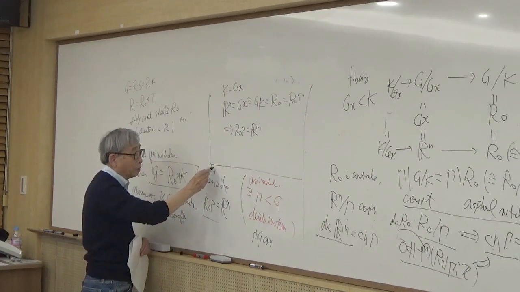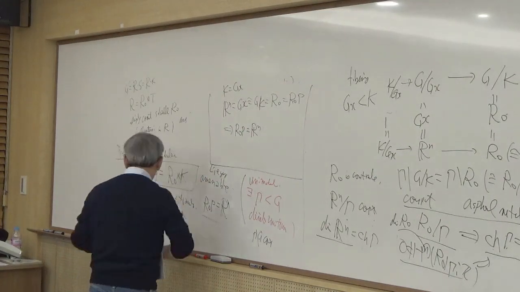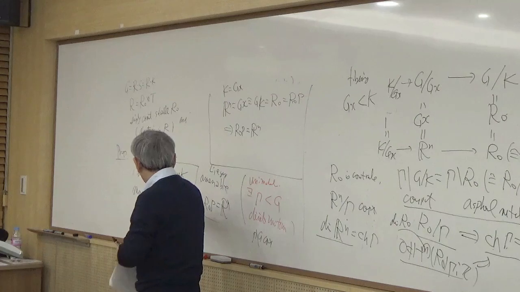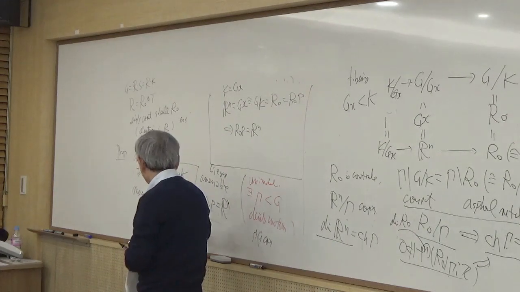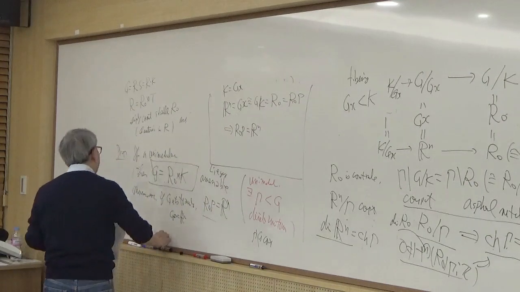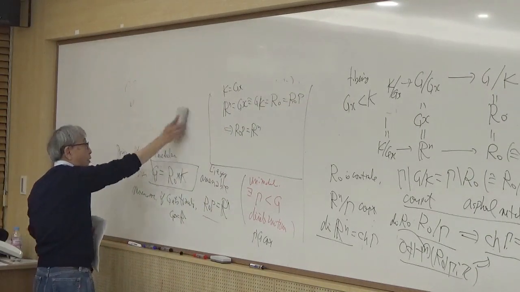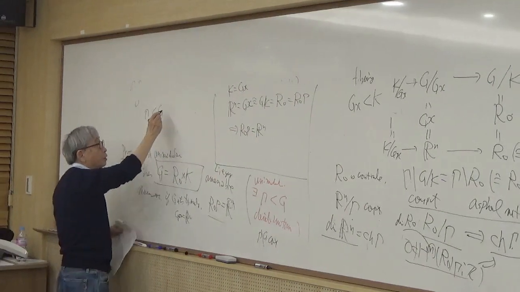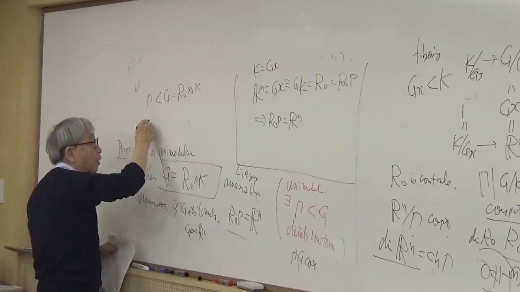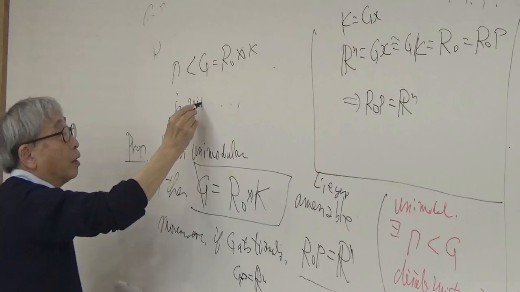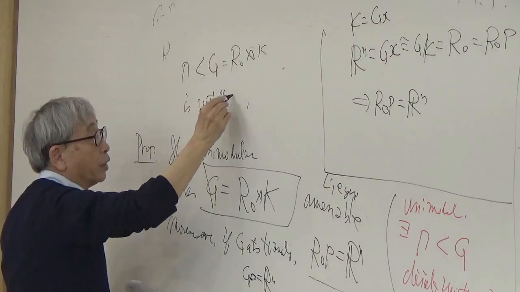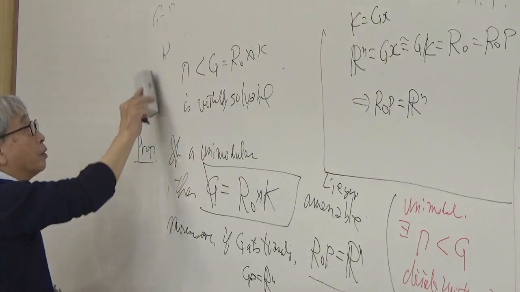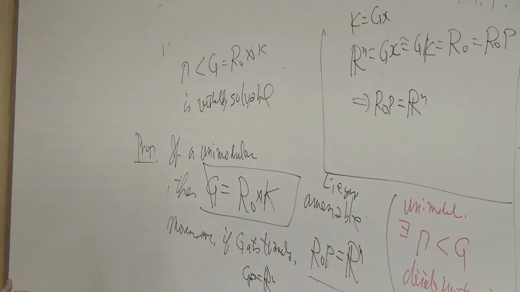An amenable D group means an extension of R^n by a compact group. And by Milnor's theorem, in this case any discrete subgroup gamma in this amenable group is virtually solvable. This is Milnor's paper from 1978 or so.